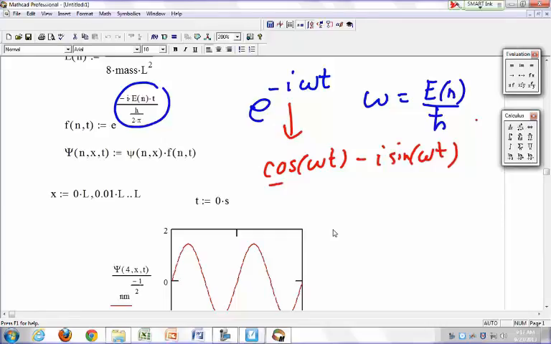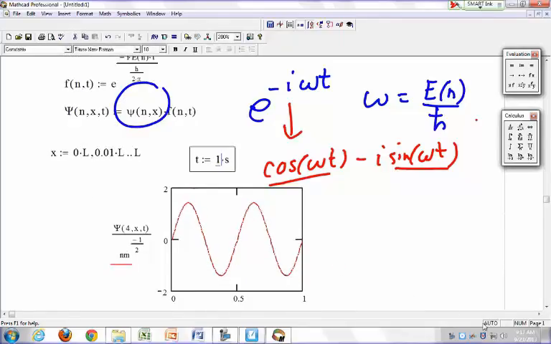So this is going to be a sinusoidal function, except that it has a real and imaginary component. So if I were to advance this time, let's say I make that 1 second, it can't show it on the graph because you have a complex number. So psi will not show up on the graph because it's a complex number.